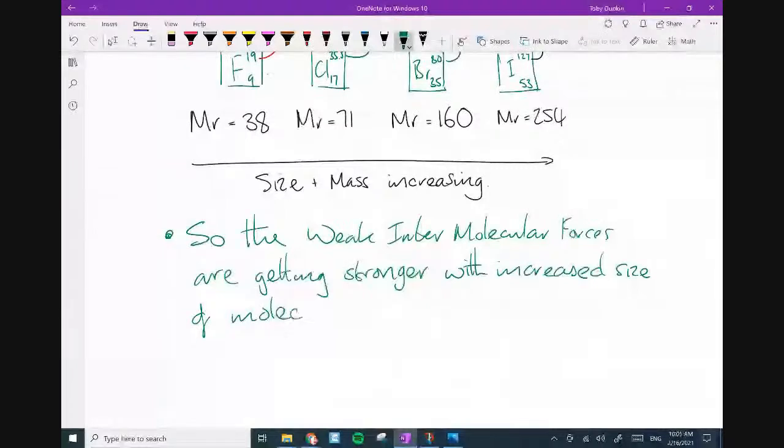Stronger, remember, they're not getting strong. If you say strong WIMFs, you're dead, because you can't have strong, weak intermolecular forces. That doesn't make sense.